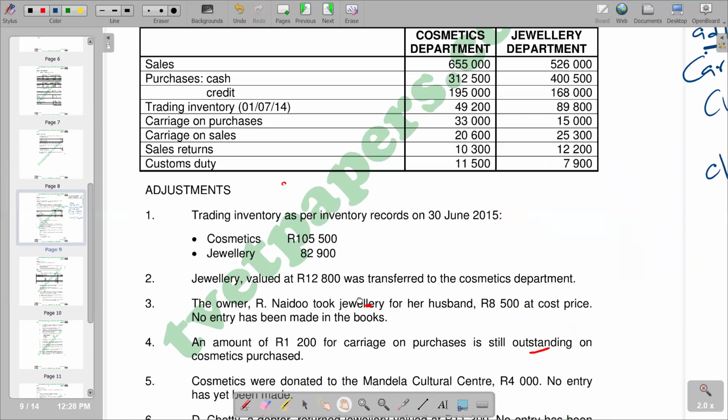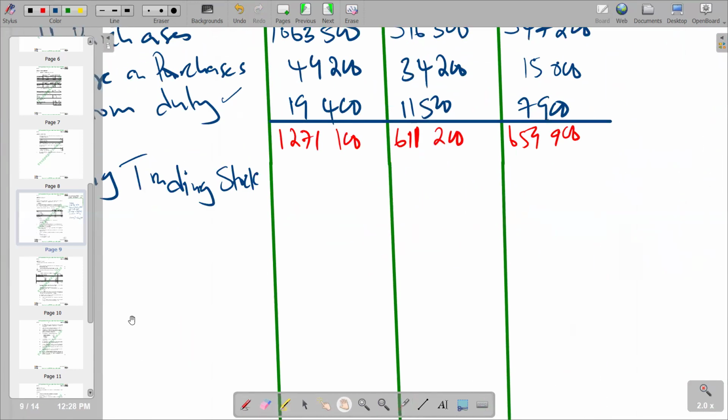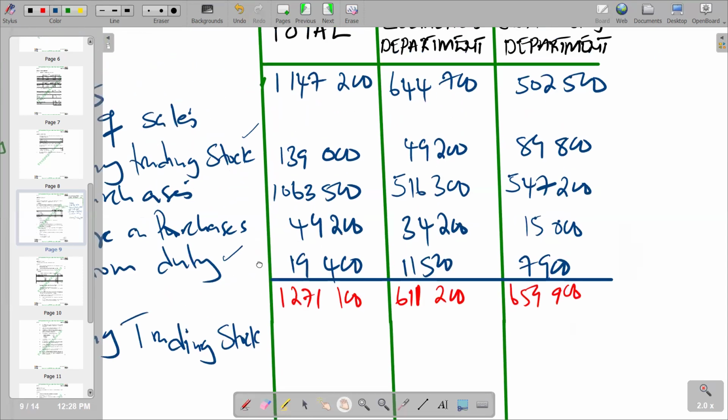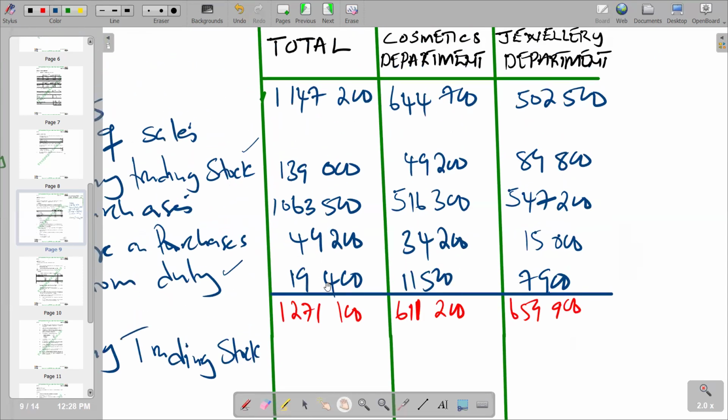So we'll go there, start with our cosmetics. The figure that we have is 105,500. And then for jeweler, we are getting 82,900.